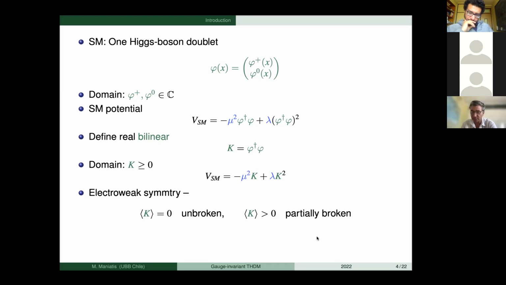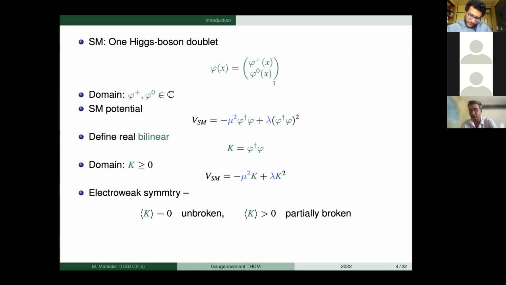Is this equivalent to having just a vacuum expectation value of phi different from 0? Yes, this is exactly it.